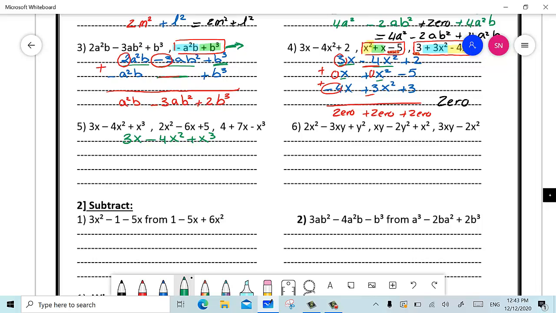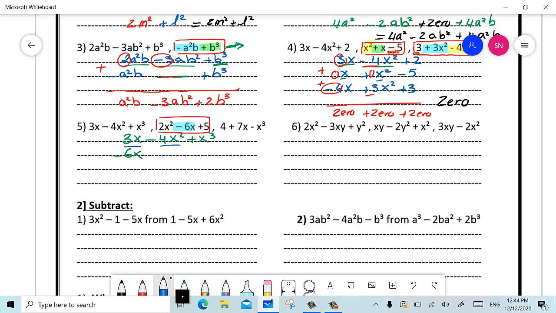And then we are going to see the second expression and write the like terms under the first expression. So here I am looking first for a term having x. The term which has x here is negative 6x. So I am going to write negative 6x. And then I'm going to see what the term is that has x squared.